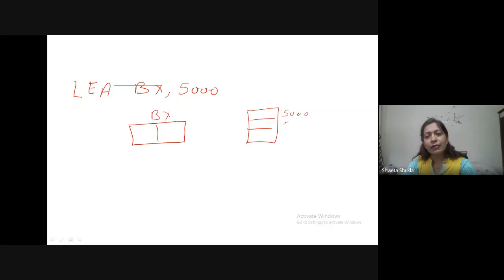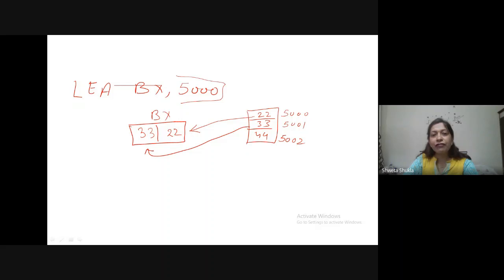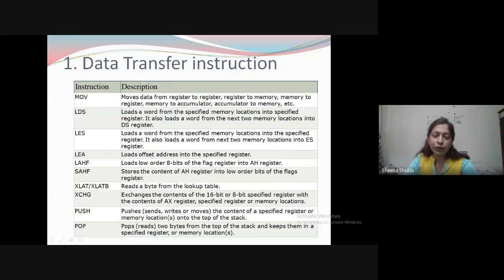If 223344 is stored here, first 22 will go into the BX register and then 33. So 5000 will actually be the effective address. Remember this. We have to store the content present in the 5000 offset address into the BX register. This is what LEA means.